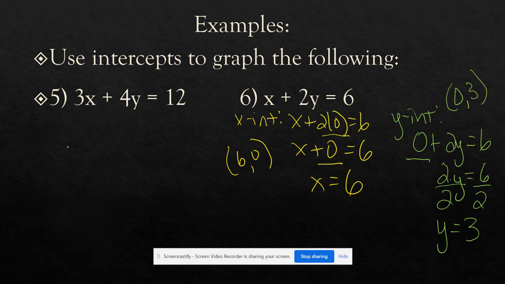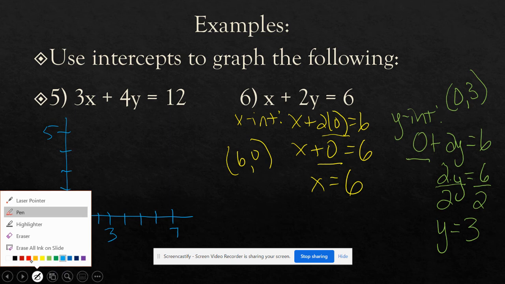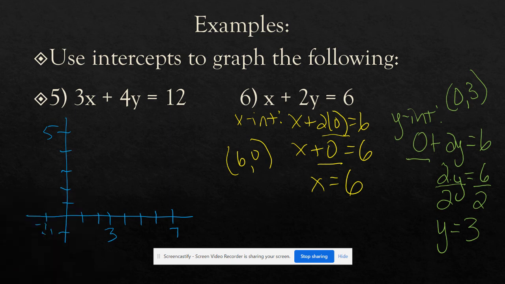To graph this, I'm going to plot the (6, 0) here on my x-axis, my (0, 3) here on my y-axis.